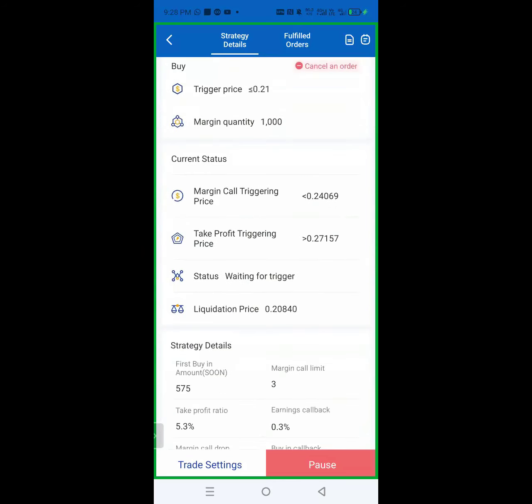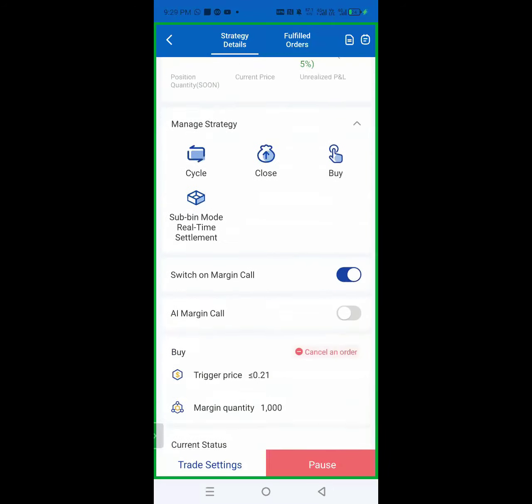Automatically, my liquidation price will go down to 0.1 something. So you see, that is what I do if I want to sleep.